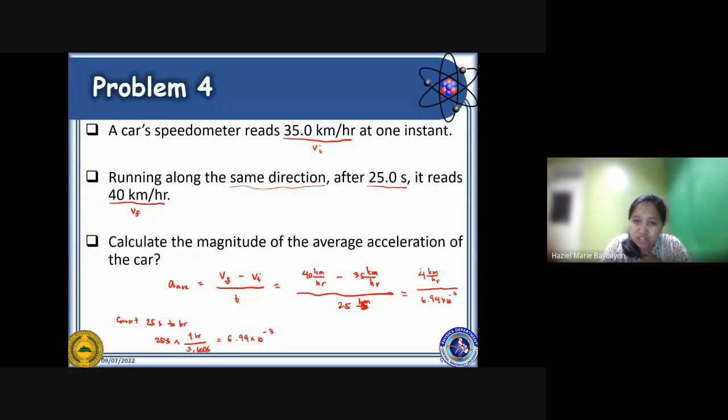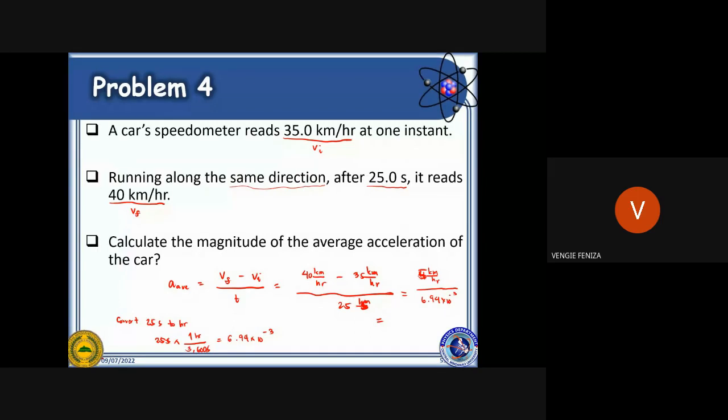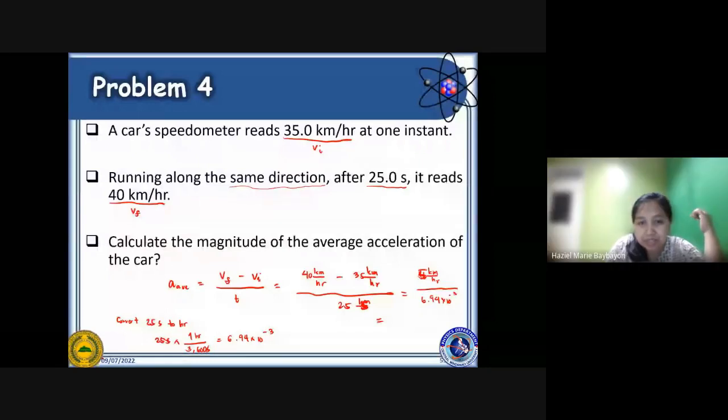This is 5. 40 minus 35 is 5 kilometers per hour. Okay.